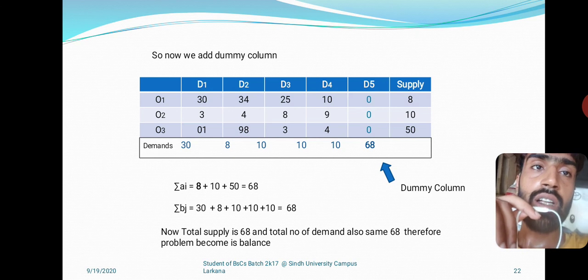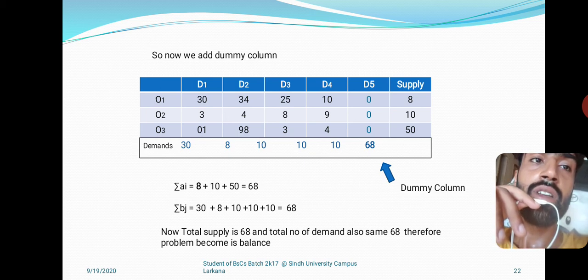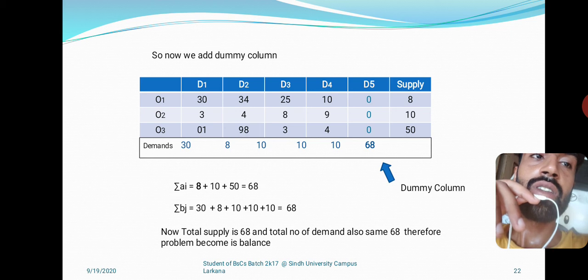So now we add a dummy column D5 with zero costs. Origin 1 has supply 8, origin 2 has 10, and origin 3 has 50. The demands are 13, 8, 10, 10 and 10 for the dummy column.